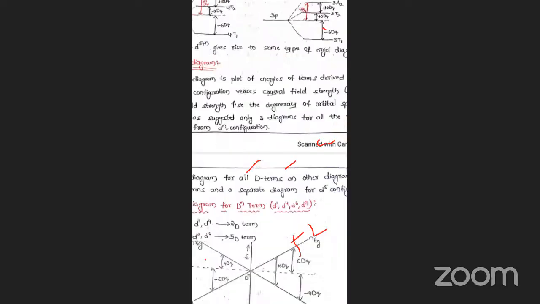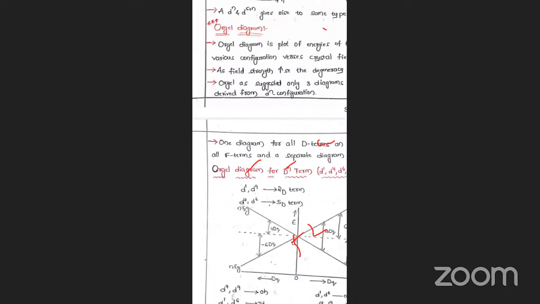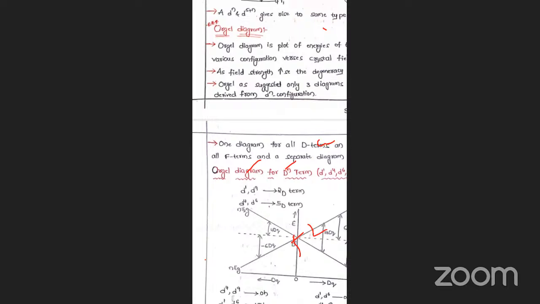So what is the concluding point? Orgel has suggested only 3 diagrams for all the terms derived from the dn configuration. So what are the diagrams? One diagram for all D terms, another diagram for F term, and a separate diagram for d5 configuration.